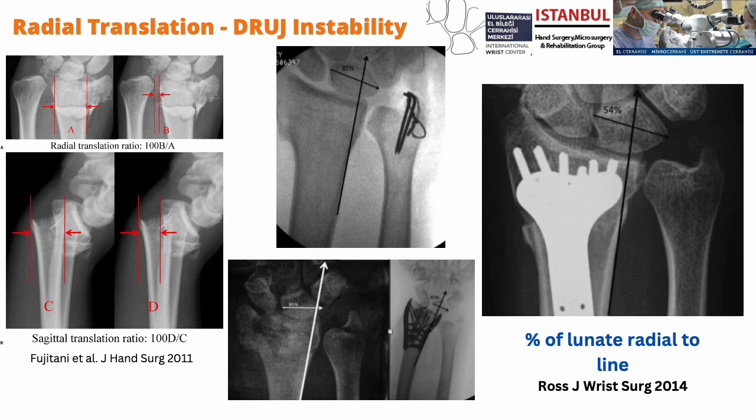The point of intersection was evaluated by drawing a second line along the transverse width of the lunate on the AP radiograph, parallel to the distal radial articulation. The point of intersection of these two lines was measured from the radial side of the lunate to determine the percentage of lunate radial to this point.